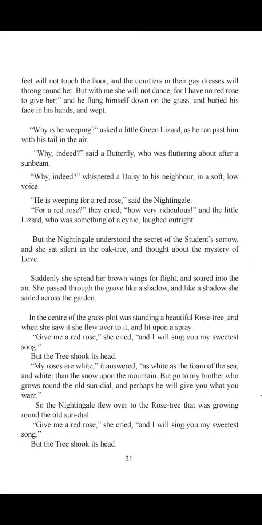So he imagined how she will dance with him in the ball, how she would become the central character of the crowd. But everything was just an imagination, because it doesn't come true. That's why he says, with me she will not dance, I have no red rose to give her. So this is the nature of love.